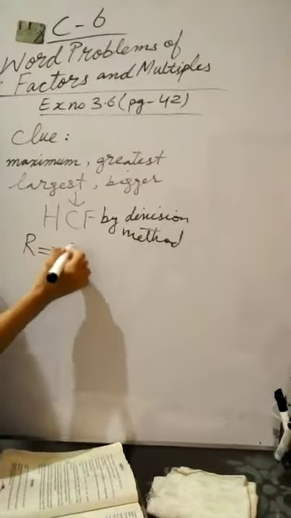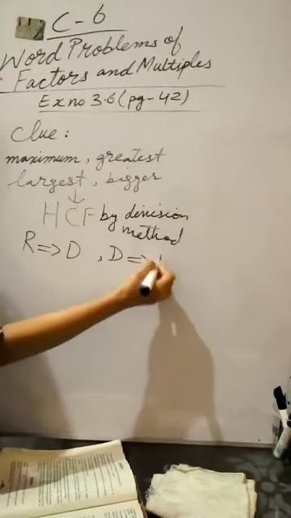Remainder will become divisor and the divisor will become dividend.